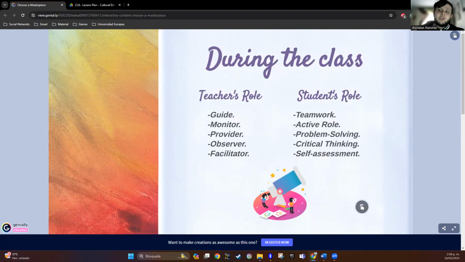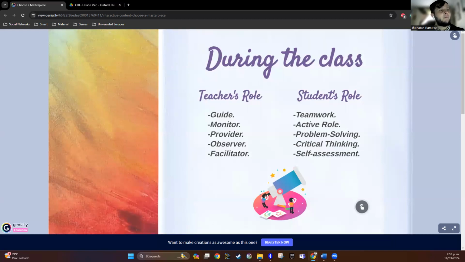During the class it is also really remarkable to highlight the teacher's and students' roles. The teacher is going to be characterized as a guide, monitor, provider, observer, and a facilitator. The teacher is going to be in charge of helping the students to achieve the initial objectives of the lesson.